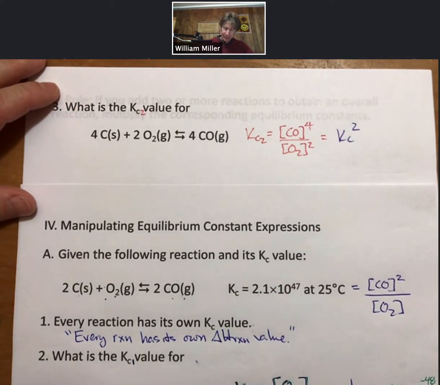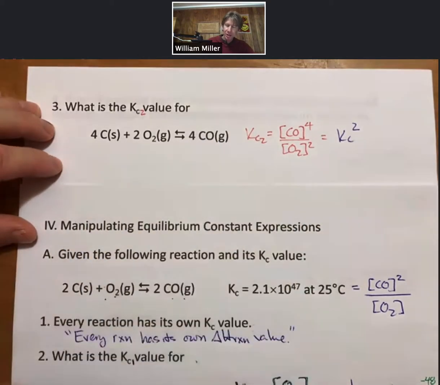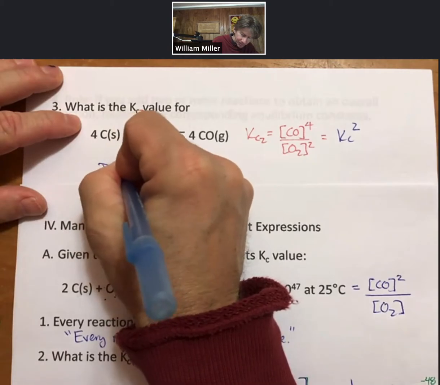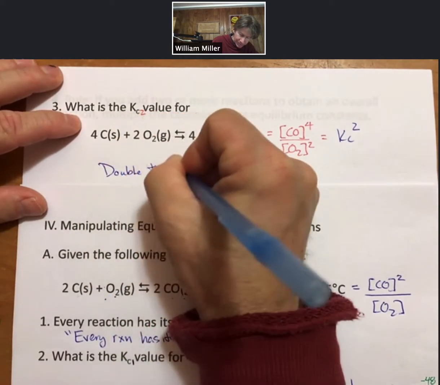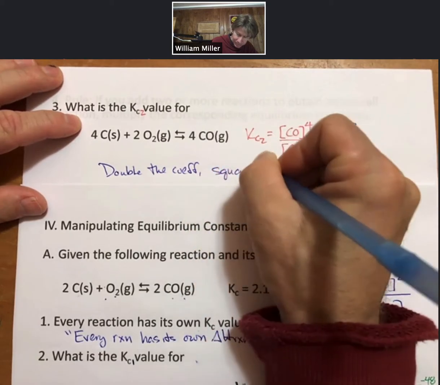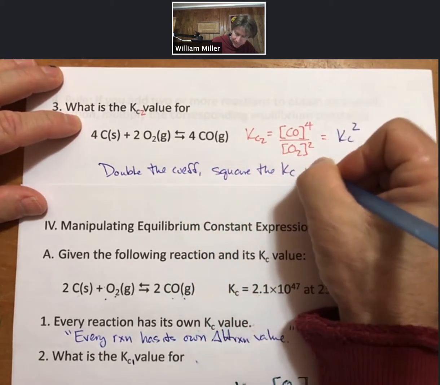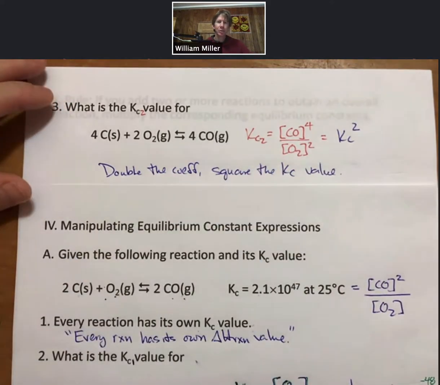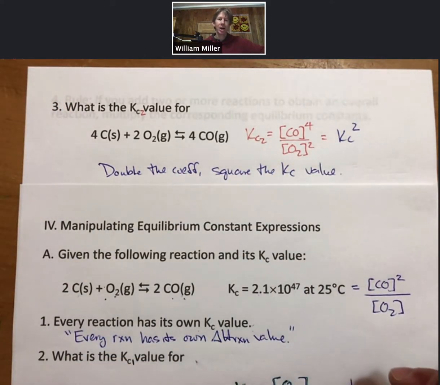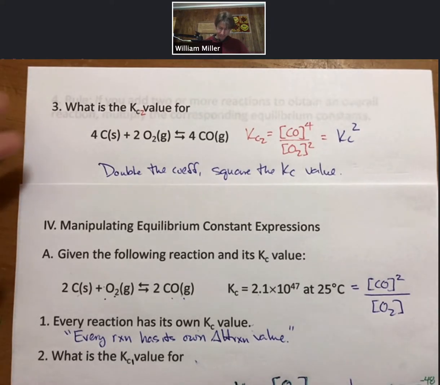So here, double the coefficients, square the Kc value. And again, we will use this to do things like a la Hess's law that we've done before.